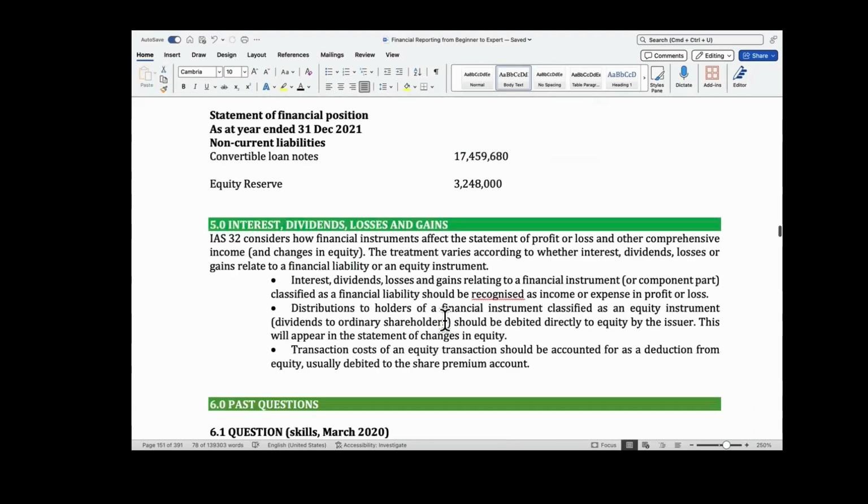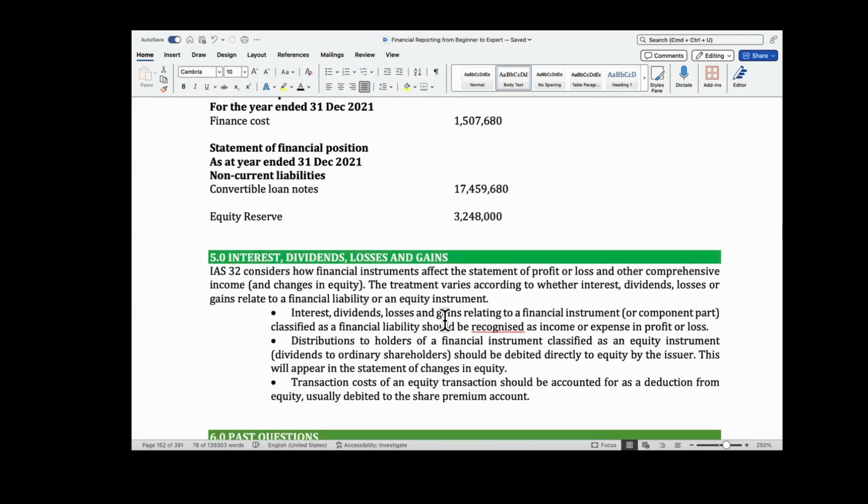So before I attend to Latif's question, I need to tell you 3 things. Please pay attention to these 3 things. Number 1 is that when an issuer issues a financial liability, the dividend or interest he pays to the investor, the people that gave him money, will be treated as an expense, as a finance cost in P&L.